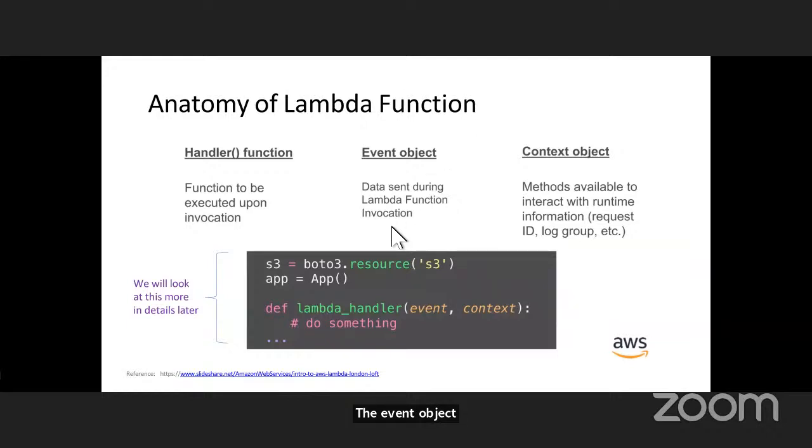The event object contains the information about the triggering event. This is actually the key object that you need to work with when using a Lambda function. The context object provides methods and properties with information about the invocation, function, and execution environment. So this is more like metadata. We will check what these two things look like in the later demo.